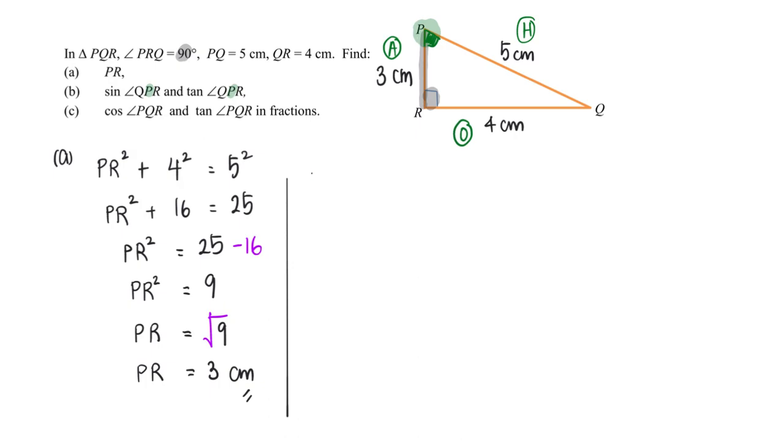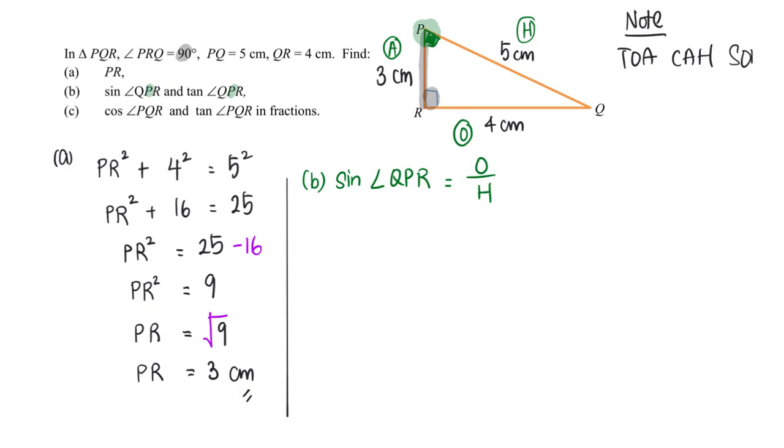So for part B, sine angle QPR is simply equal to opposite over hypo, because this is something for us to remember: SOH CAH TOA.